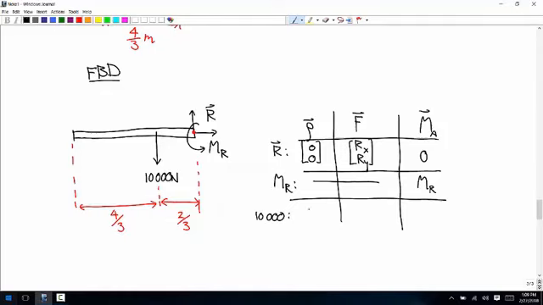And so the rho vector is negative 2/3, 0. The force vector is 0, negative 10,000. And take the cross product, and you get positive 6666.6 repeating.